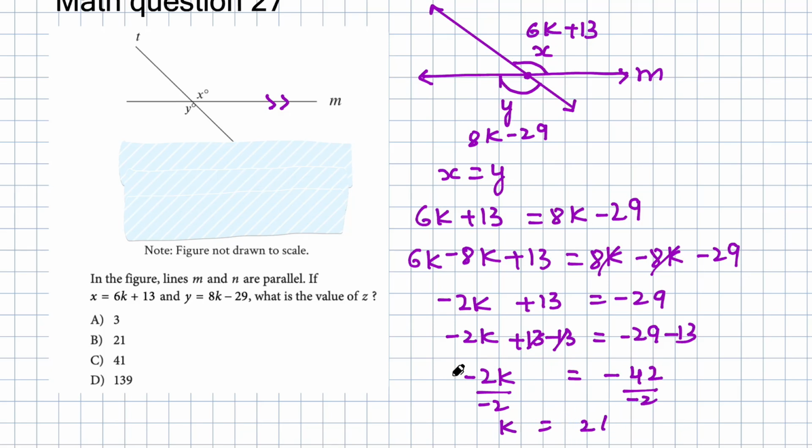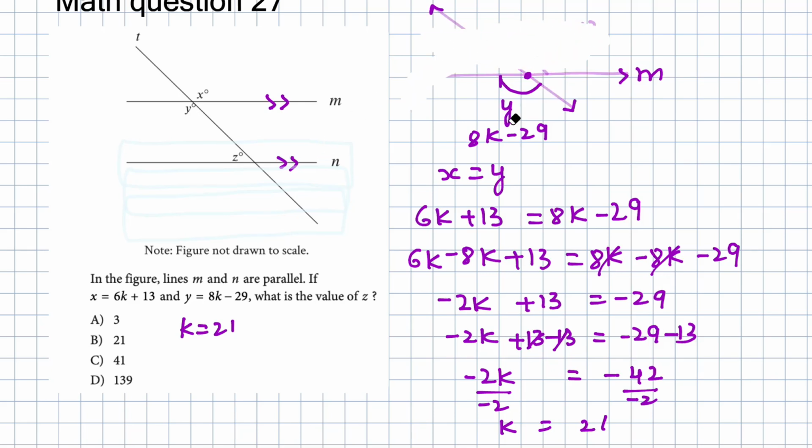Now k is not asked in my question, right? What is asked? Now let's see what is asked. The value of c, this particular angle. K is 21, we have calculated k as 21. Now y is on M, c is on N. So for y and c, we can use the properties of parallel lines.